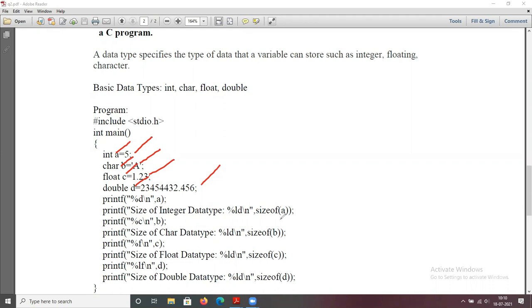After that I am going to print the size of a, size of b, size of c and size of d. Based on the compiler it may differ, but on many operating systems the size of the integer is 4, the char data type is 1, size of float is 4, size of double is 8.